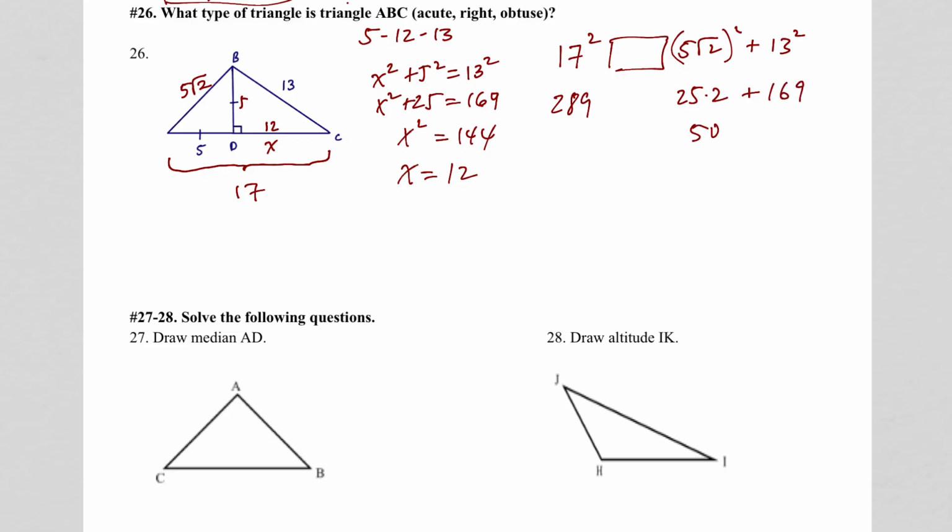So this is 50 plus 169, which is, what is that, 219? But because 289 is greater than that, this is an obtuse triangle.